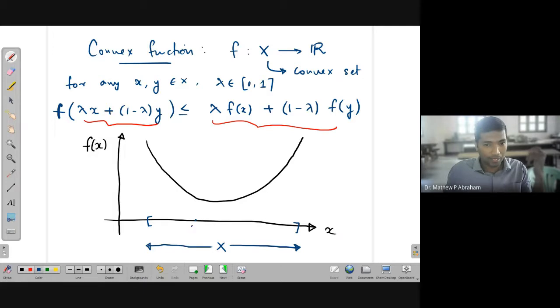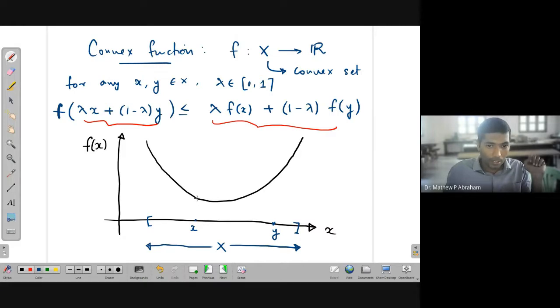For example, if I take this as X and this as Y, by the definition of convex set, if you draw a line between X and Y, and all the points in that line are in the set, then that set is a convex set. So this set X can be thought of as a convex set, and hence the mapping is fine.